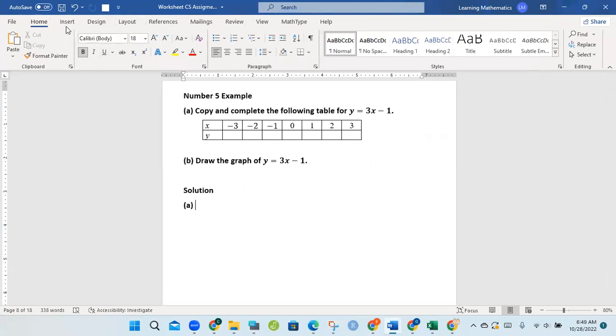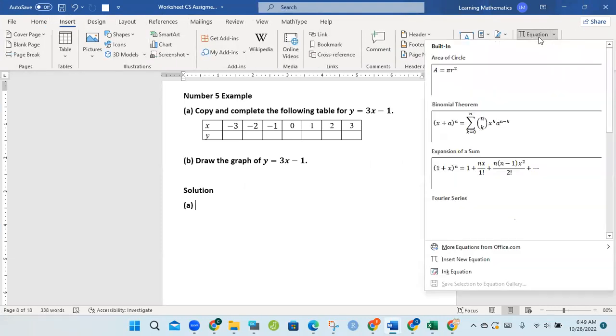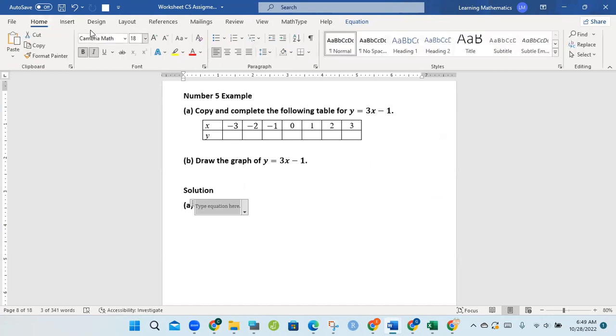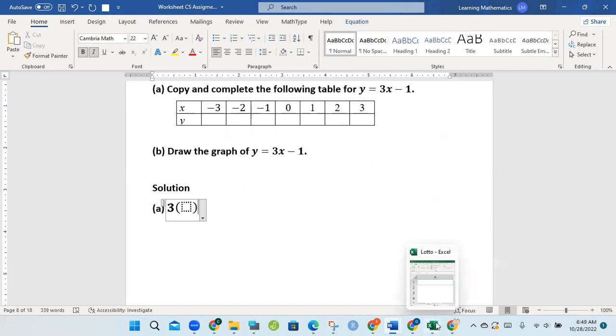write a template of the equation. And in the place of x, we're going to put a bracket. So we're going to have 3, open, close bracket. That's where we're going to substitute the x values, minus 1 equal.